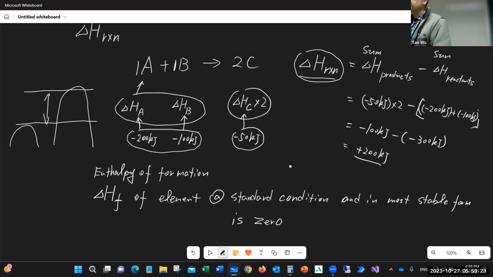So this is what people compare. So the enthalpy of the elements at a standard condition in most stable form is 0.